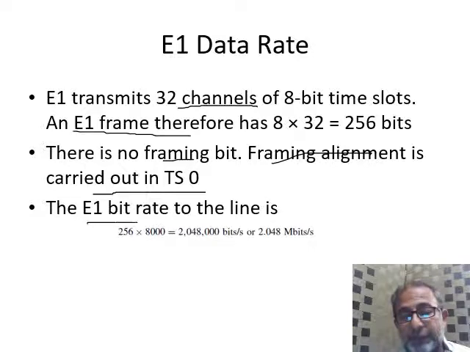So the E1 bit rate to the line can be calculated as 256 multiplied by 8000, and we get 2048000 or 2.048 Mbps. This is the data rate of an E1.